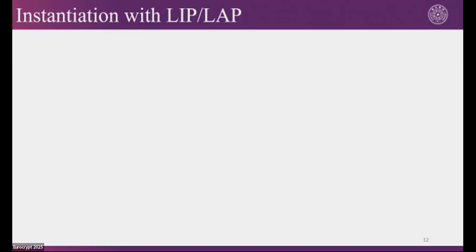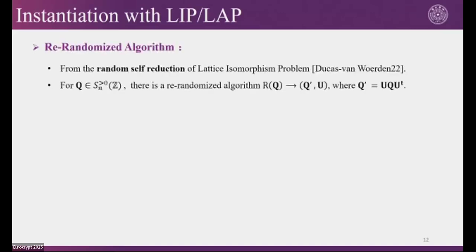So next we show some instantiations with LIP or LAP. Firstly, the randomized algorithm arises from the random self-reduction of the lattice isomorphism problem. So we can use the paper by Lucas and Van Warden to instantiate it.